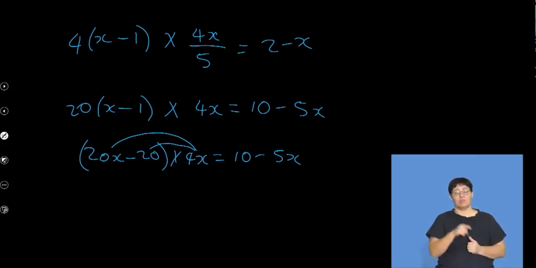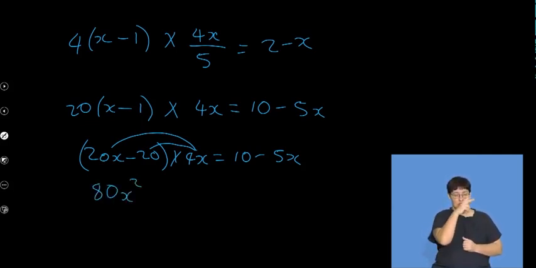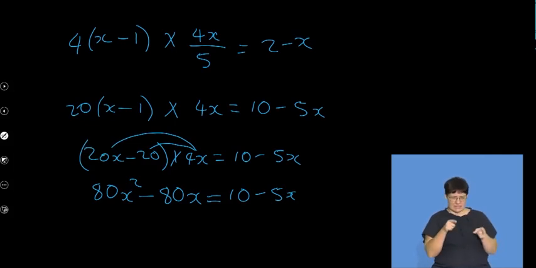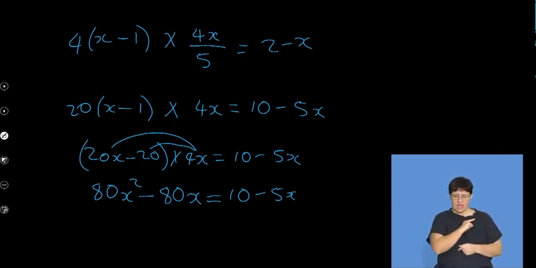So this will give me 80x squared minus 80x, and then minus, or rather, let me just write it as is so that we do it step by step and don't rush it. And then you add the additive inverse on both sides. Remember why? Because I'm trying to get the x to be on one side and the values to be on one side.